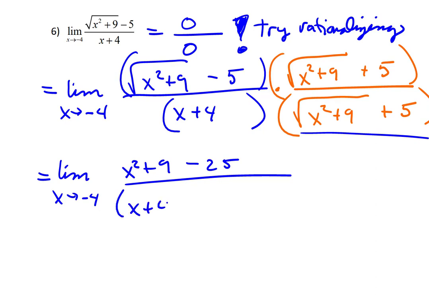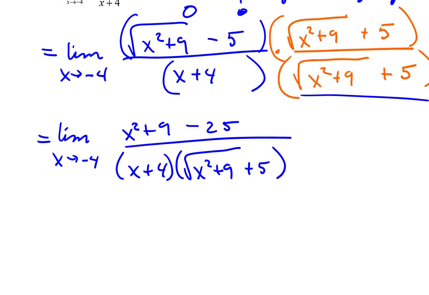I'm going to put x plus 4 in parentheses, and then I'm going to copy down this conjugate after it. So square root of x squared plus 9 plus 5. Okay, because I think we're going to see a convenient something to do with that in a second. Instead of trying to expand it, it's easier just to leave it. Let's keep going by rewriting yet again.